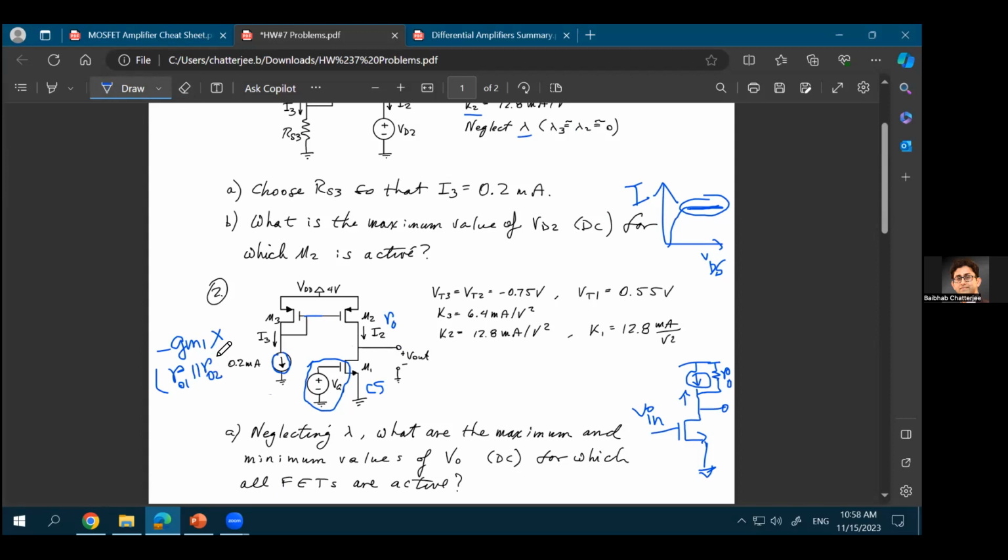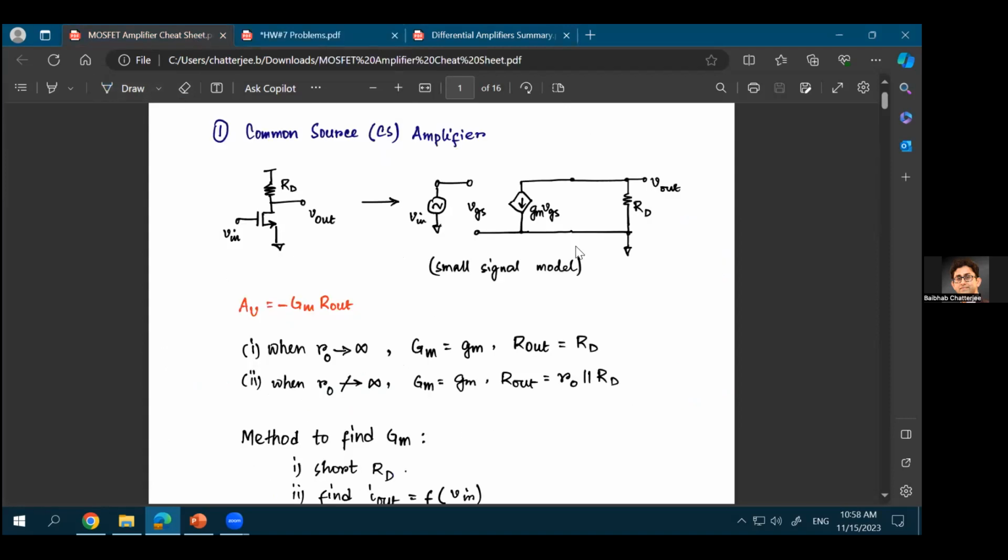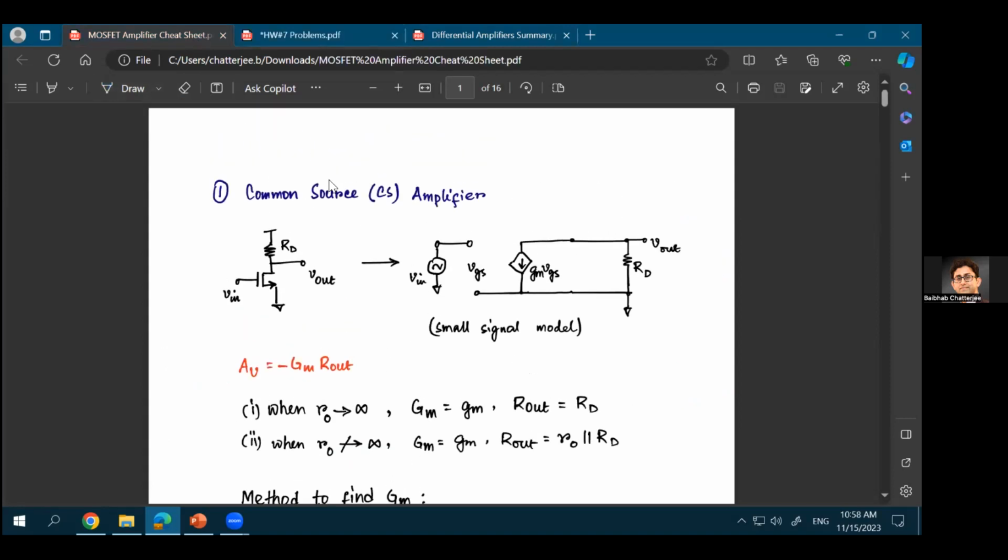The resistance that is connected at the drain terminal over here is not only the resistance that you see looking up. Remember, always keep this MOSFET cheat sheet handy. This will give you an idea about what to analyze for different circuits.